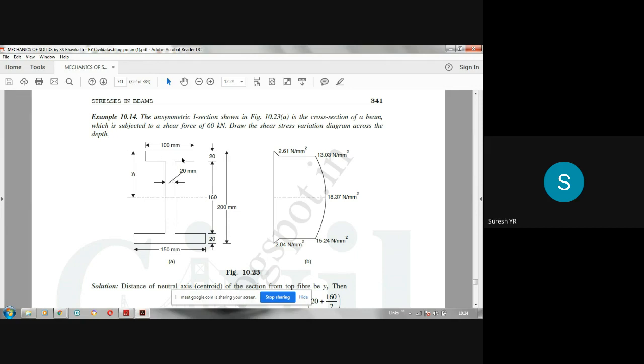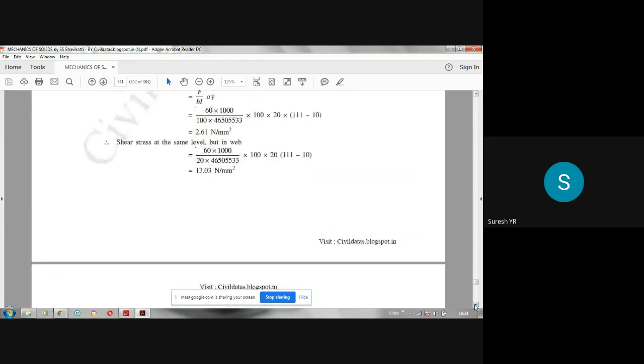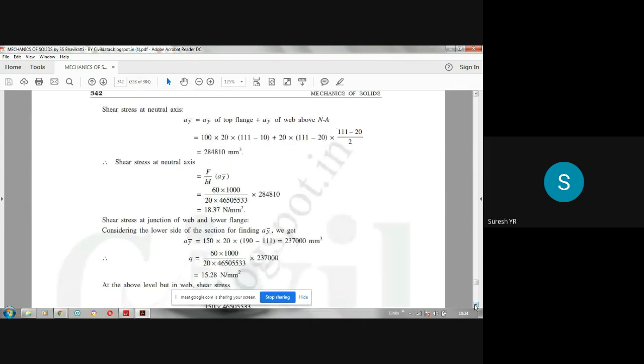So A into Y bar for the flange plus A into Y bar for the web, we have to add to get the shear stress at the neutral axis level. That's what he has written here: shear stress at neutral axis, A into Y bar for top flange plus A into Y bar for web above the neutral axis. Area is in millimeter square, Y bar is in millimeters, so if you multiply, you will get millimeter cube.